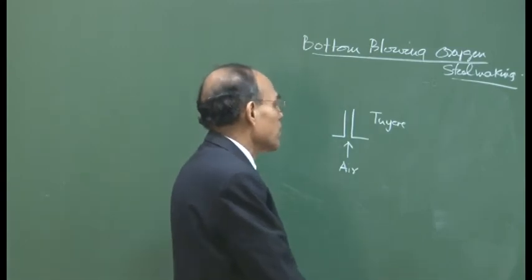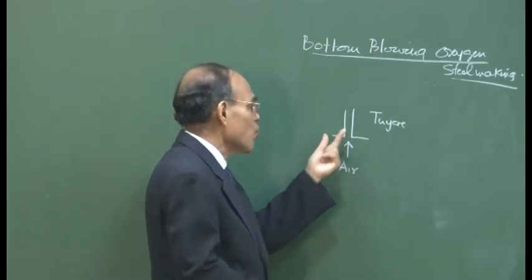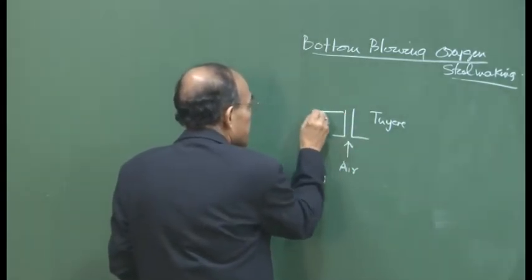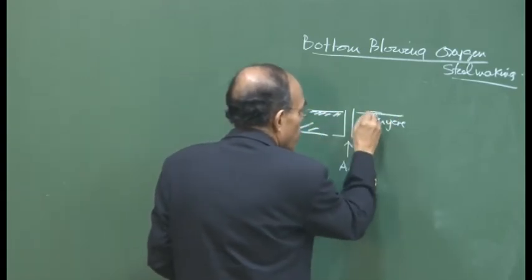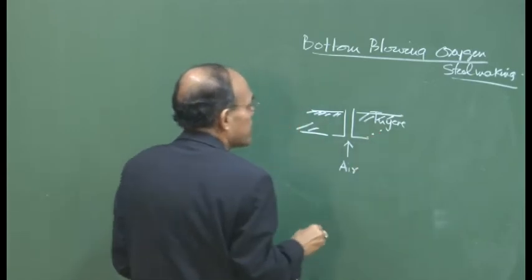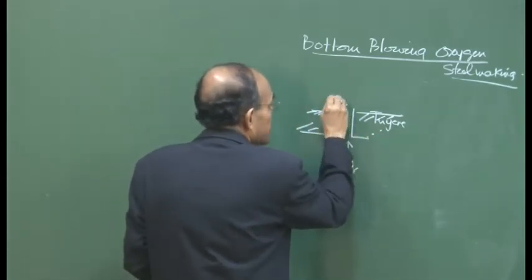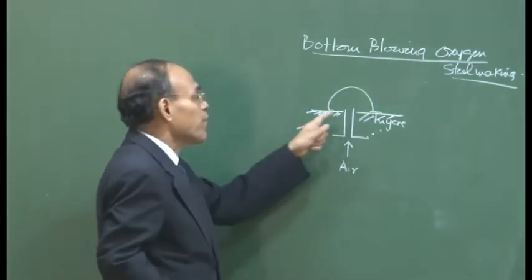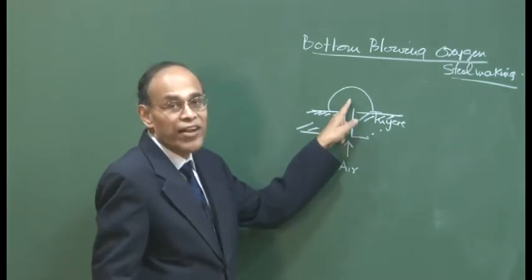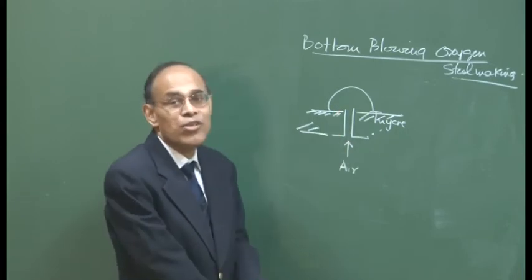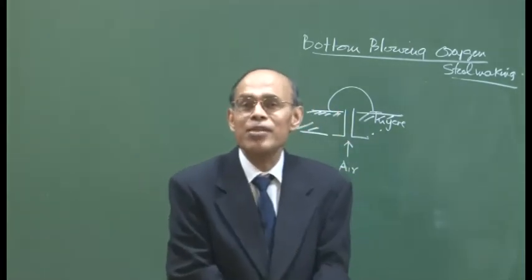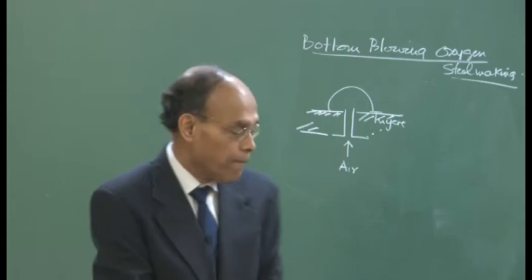But pure oxygen would produce, if this represents the base of the vessel, in this particular vicinity a large amount of heat liberated because of the metalloid reaction with oxygen, so that the tuyere gets almost consumed in no time, the tuyere undergoes melting.